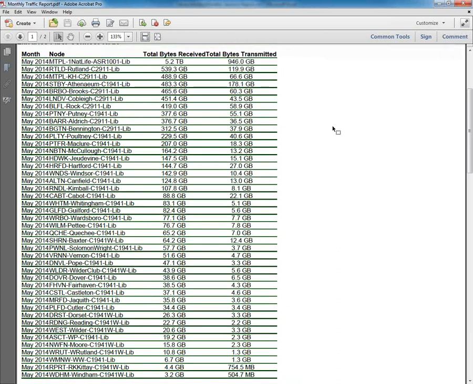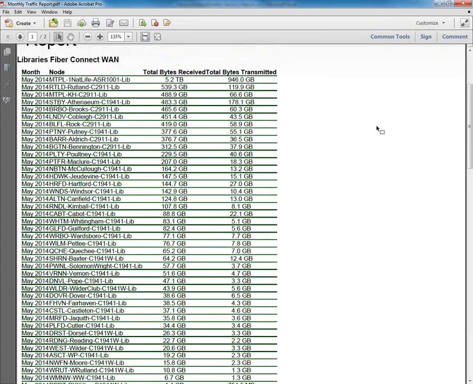Since this is really only one number for your library in this entire report, at least that's what I'm assuming that people received. If you received a PDF that doesn't look like that, would you let us know in chat? But I believe this is what everyone received.